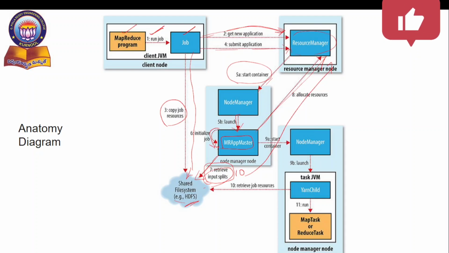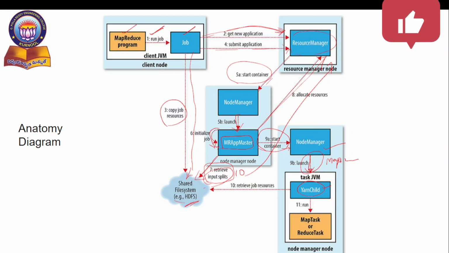Now the resource manager assigns the resources, and the next step is to start a separate container for that particular job. Now again the node manager will launch the exact task. Now this brings the mapper into the picture. Here, in the example, we have seen YARN child. This is another job tracker which takes care of the entire MapReduce task.